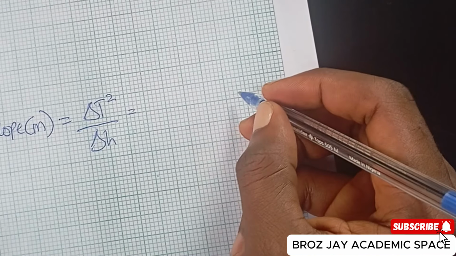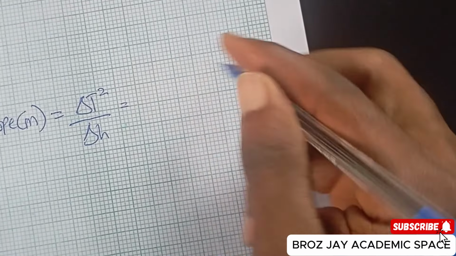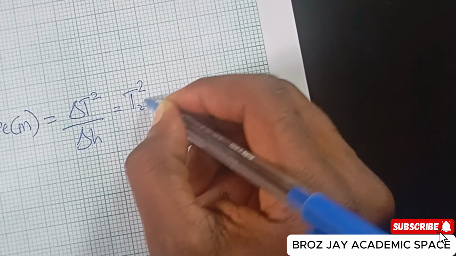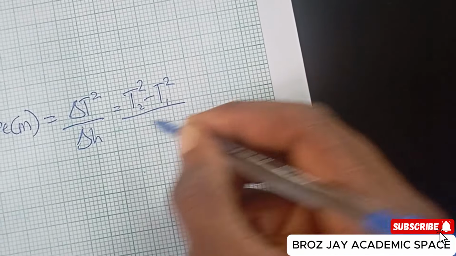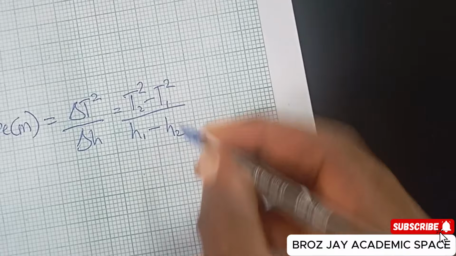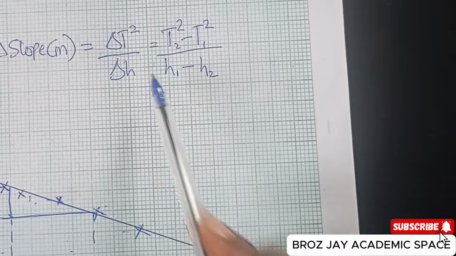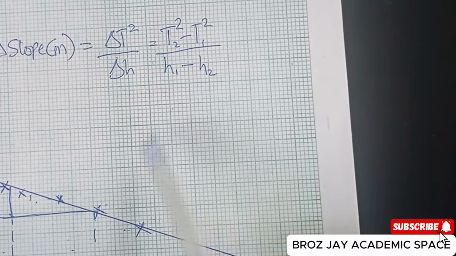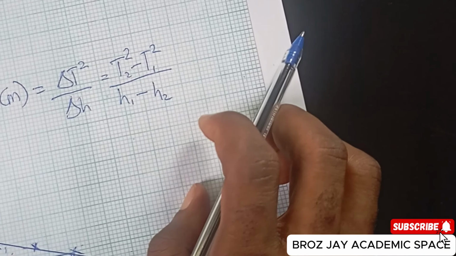My change in t square here is t square 2 minus t square 1, all over h1 minus h2, because this is reverse. It's supposed to be h2 minus h1, but this is reverse, so you are going to get a negative slope.